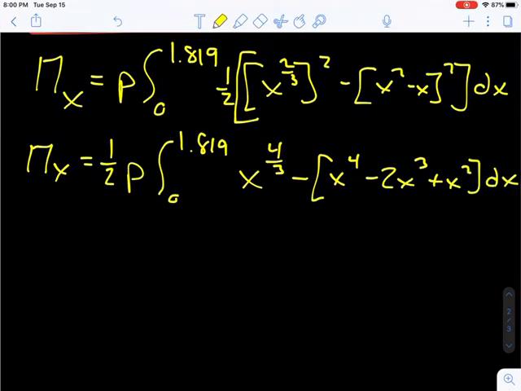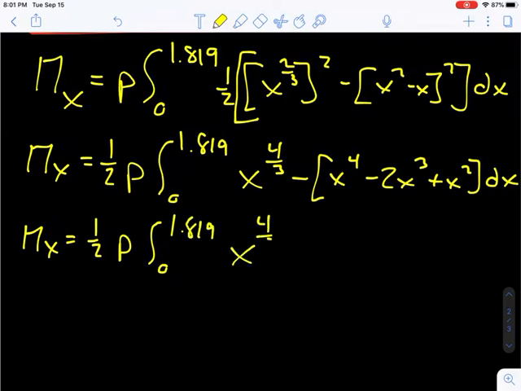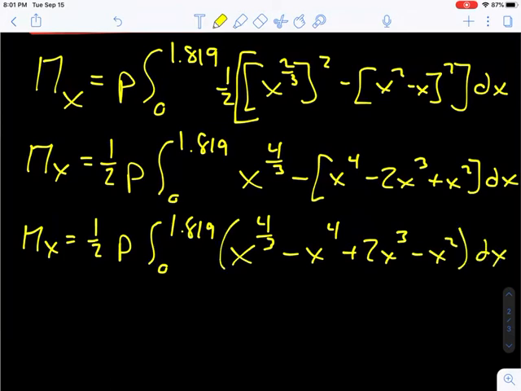dx. And one more little step in here, m sub x is 1/2 rho times the integral from 0 to 1.819 of x to the 4/3 minus x to the 4th plus 2x cubed minus x squared dx. All right, now integrating this.